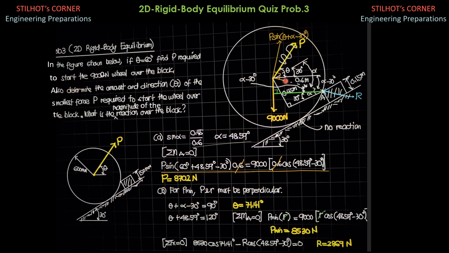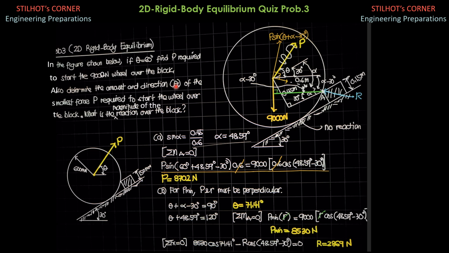The component along this line through R is not needed because its moment about that corner, which I call point A, is 0. So just this component is important.